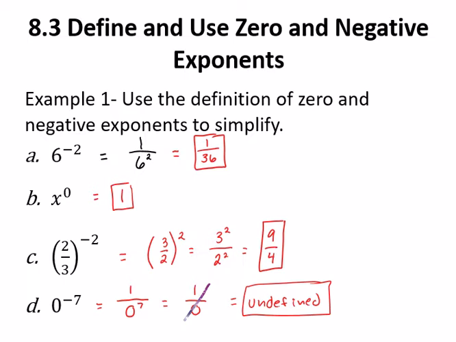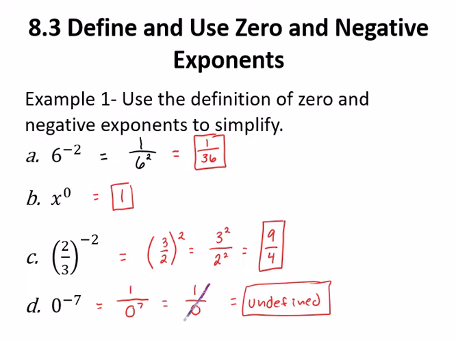Square both pieces there, and you'll end up with 9/4 in the end. And then D causes a little bit of issues, because when you move that 0 to the denominator with the 7 as the exponent, you get 1 divided by 0, which you cannot do, so that is actually undefined.